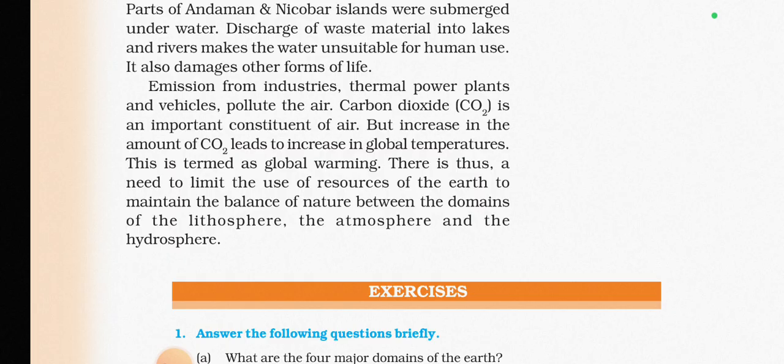Climate change can go either way, global cooling or global warming. This time we are in the phase of global warming, because the temperature of this planet is rising, and it is a part of climate change. There is a need to limit the use of the earth's resources to maintain the balance of nature between the lithosphere, atmosphere, and hydrosphere.